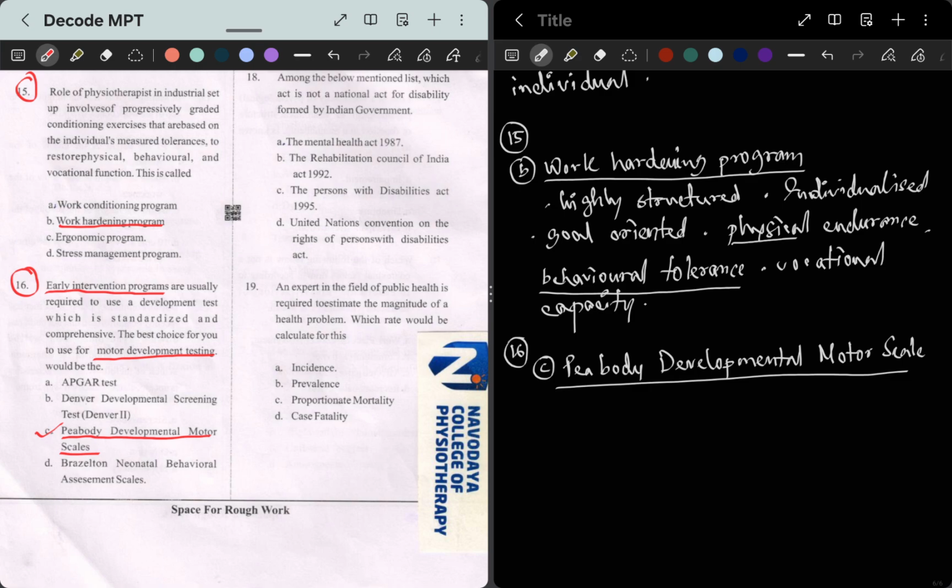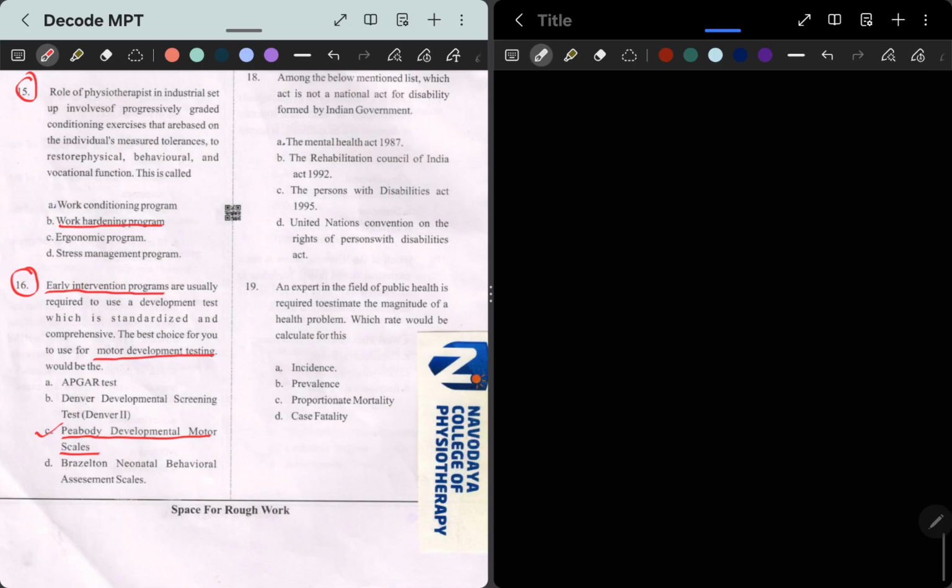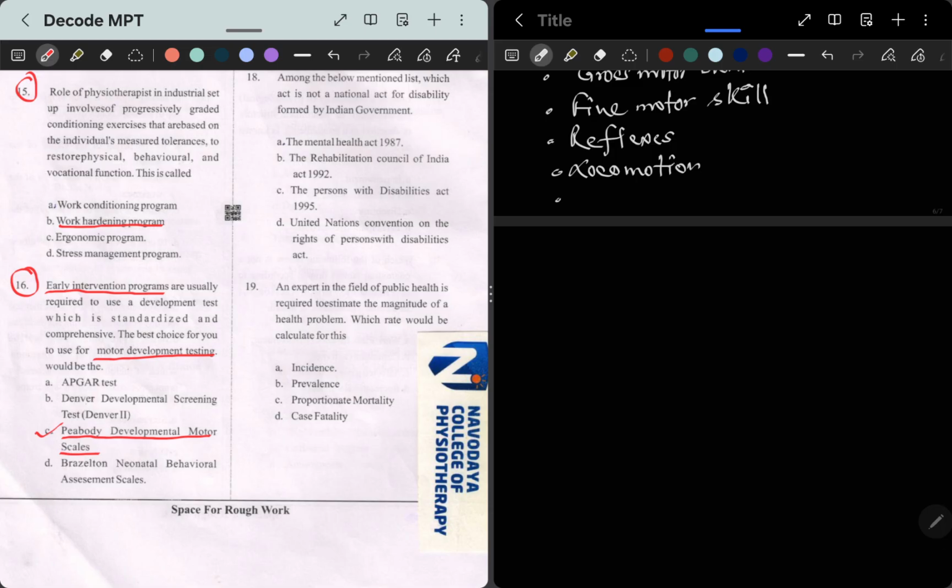What is the Peabody developmental motor scale? That is specifically designed to assess gross motor skill, fine motor skill, reflexes, locomotion, and object manipulation.